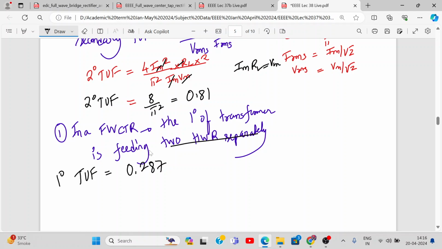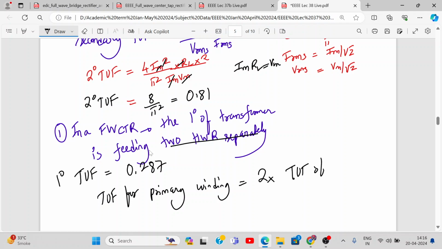It's feeding two half wave rectifiers separately. So TUF for primary winding will be 2 into TUF of half wave circuit, so it will be 2 into 0.287.